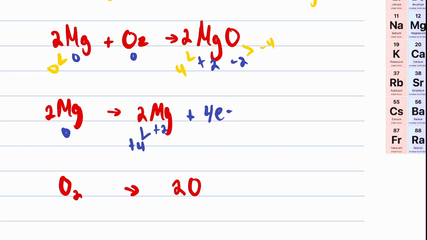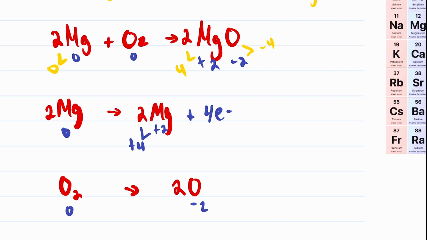Again, we're going back to what we've discussed on the top, these rules right here. Then, looking at oxygen, we had 0 starting out because it was by itself. Then we ended up having 2 O. So we know that oxygen is -2, but there's 2 now, so this ends up being -4.